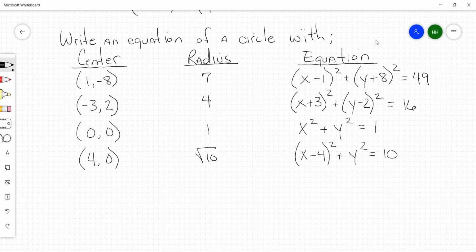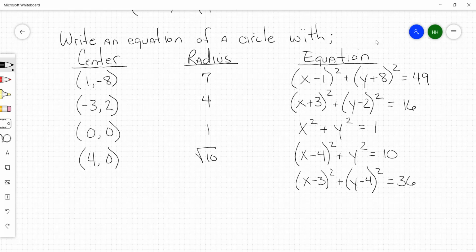And then you could work backwards, right? What if we got (x minus 3) squared plus (y minus 4) squared equals 36? You're given the equation. You need to identify the center and the radius.